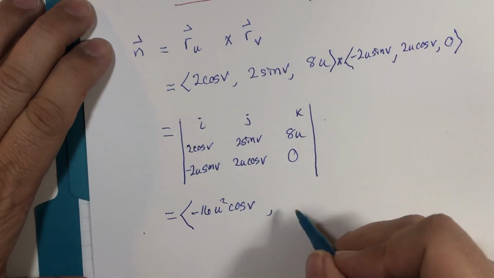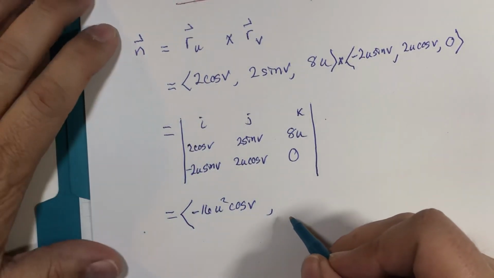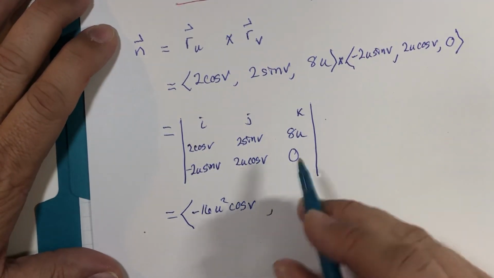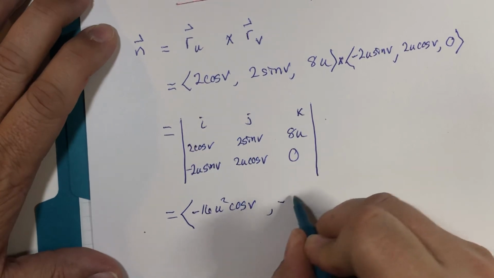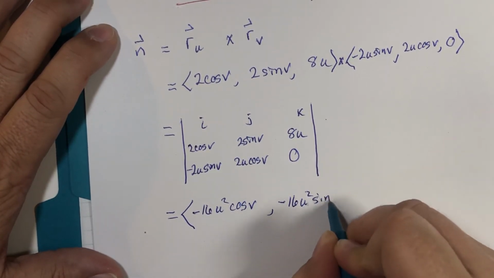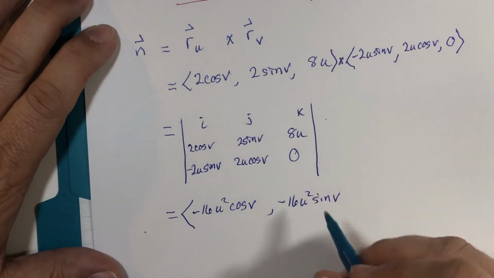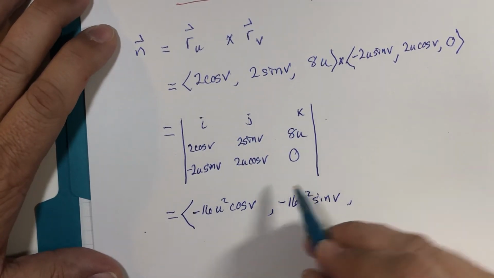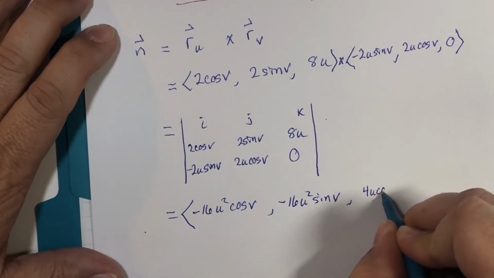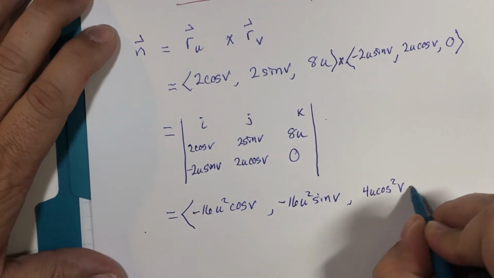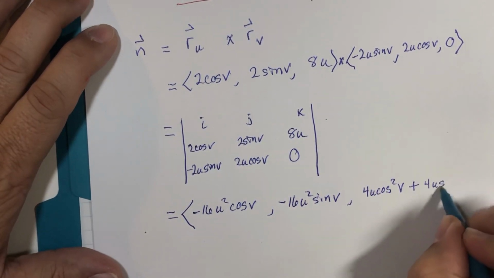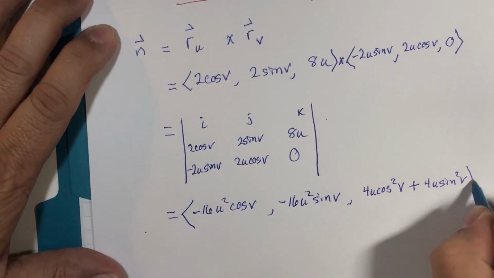This will be also negative because the j component is always its opposite sign, negative 16u squared, but happens to be sine of v. And then the k component is going to be 4u cosine squared v minus a negative, which is plus 4u sine squared v.